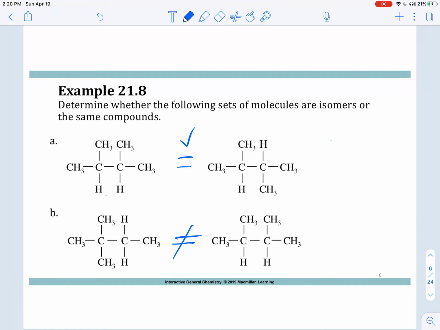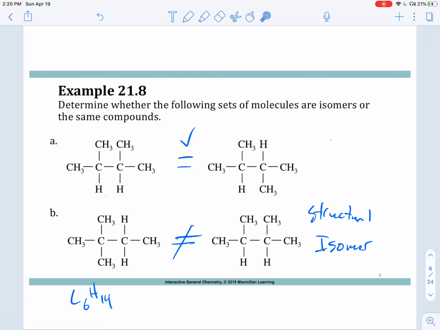So these are structural isomers: different compound, same chemical formula. And you can double check that. How many carbons are here? 1, 2, 3, 4, 5, 6. So C6, and how many H's? 3, 6, 9, 12, 13, 14.